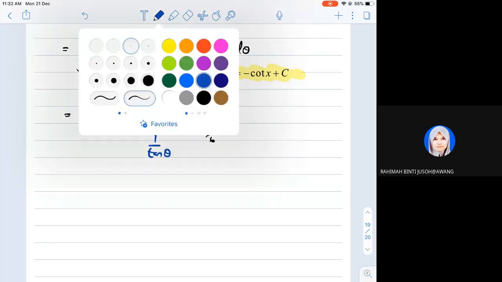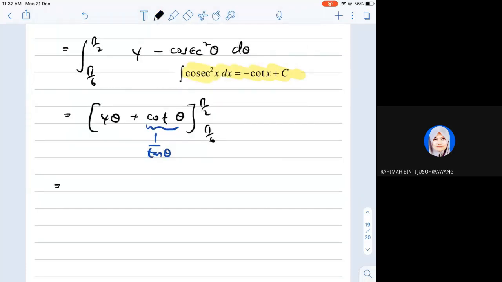All right, so let us substitute the limits. Take out your calculator. For pi over 2, it should be 2 pi plus 1 over tangent pi over 2, minus 4 pi over 6, so 2 pi over 3, plus 1 over tangent pi over 6.